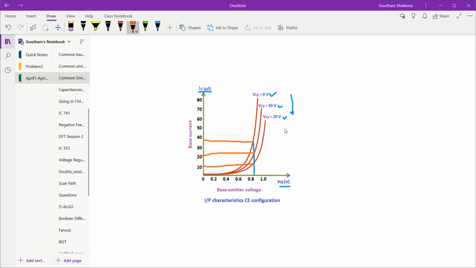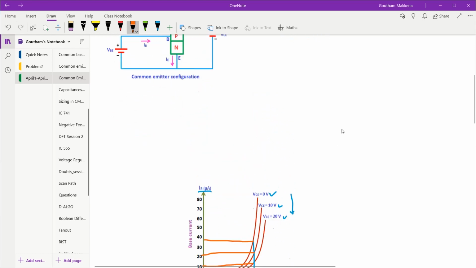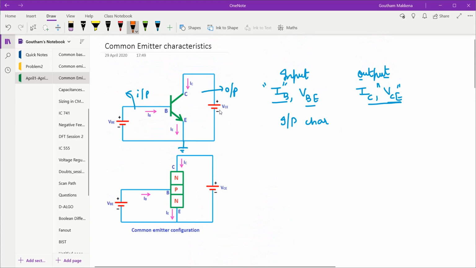Let us try to understand that. A similar phenomenon was occurring in the input characteristics of the common base configuration as well, but at that time I told you that I'll explain this phenomenon in common emitter characteristics, so I'll explain it now. What is this VCE? Voltage is always a difference, so this is nothing but VC minus VE.